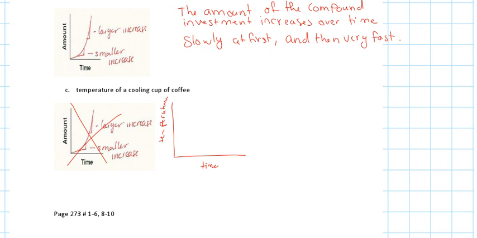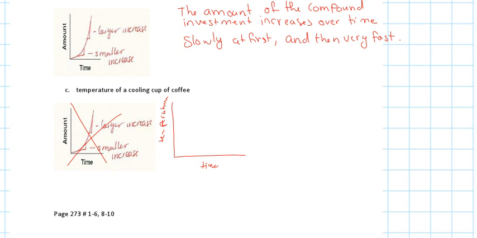Is it going to go down constantly, or is it going to go down and then slow down? So, and then it's going to keep going down until it gets to room temperature. So honestly, it's going to start that it's going to decrease fast and then it's going to slow down, okay? Because at first, this is hot.